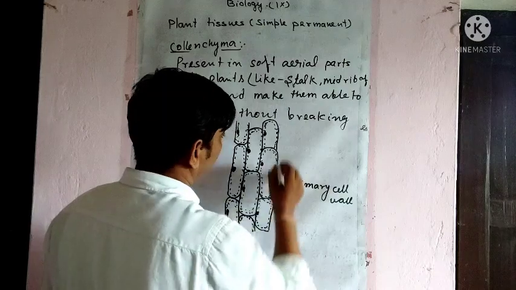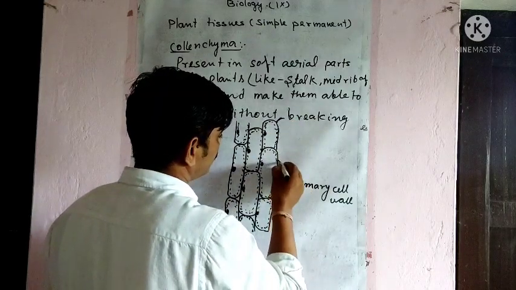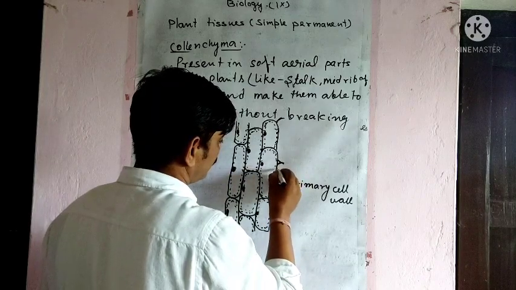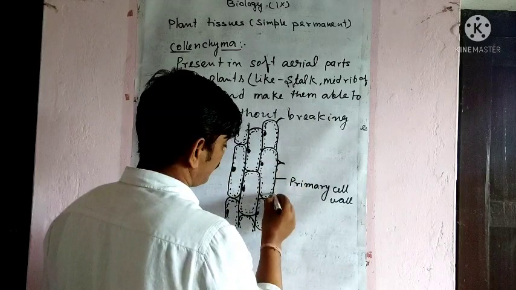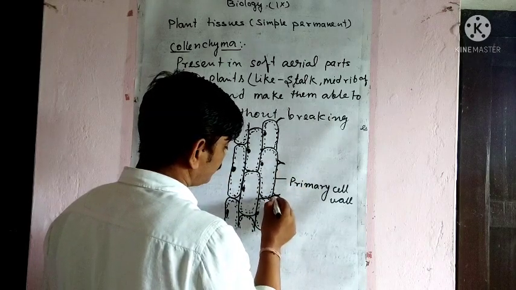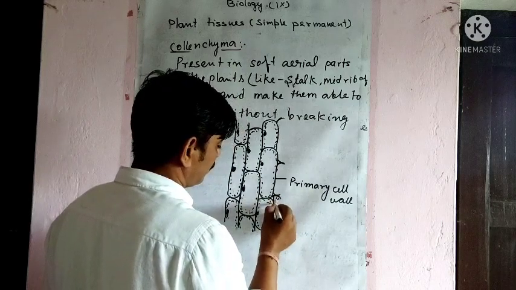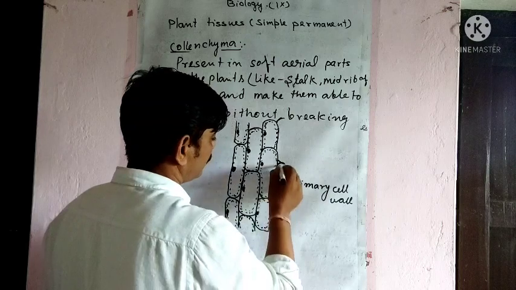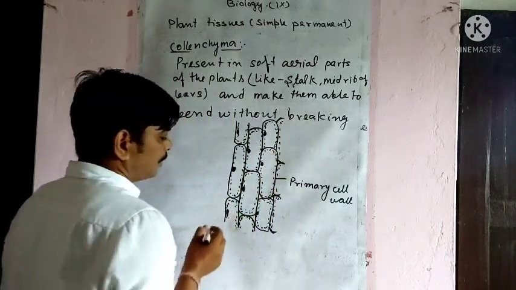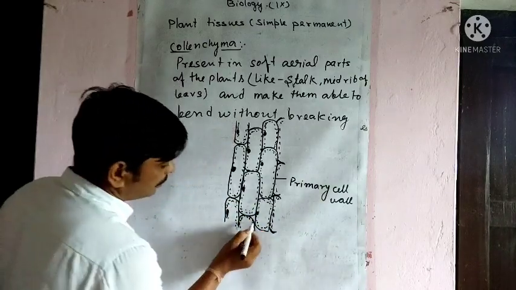And these also are like this. Suppose another cell is joining from here, and it also has cytoplasm. So this corner of the cells you are seeing here has a very small space.